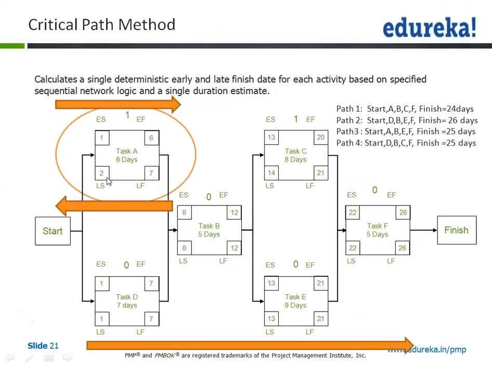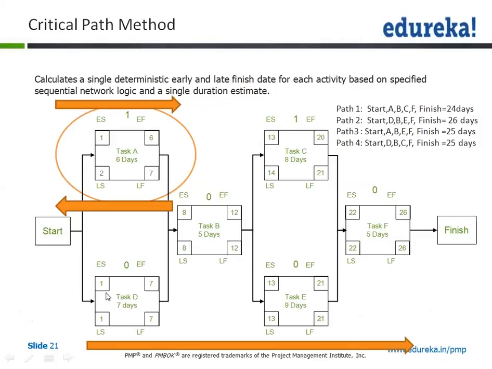So how we start writing the forward pass is that once we have identified the critical path, which is D, B, E, F, that is the way to start. First we need to start filling up the block for task D. Why task D?